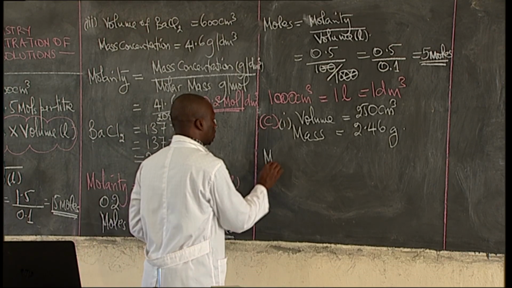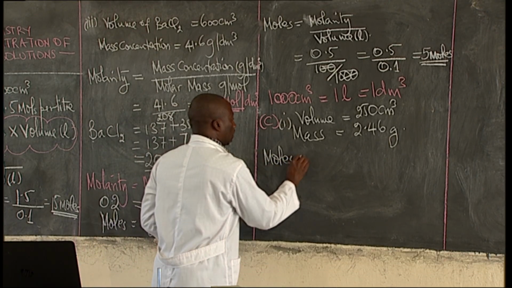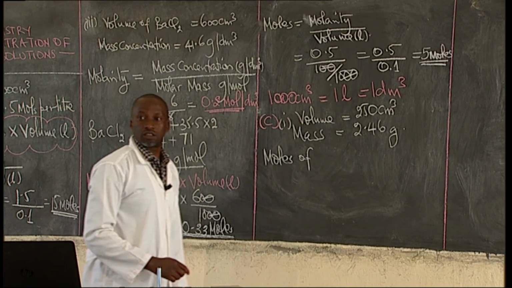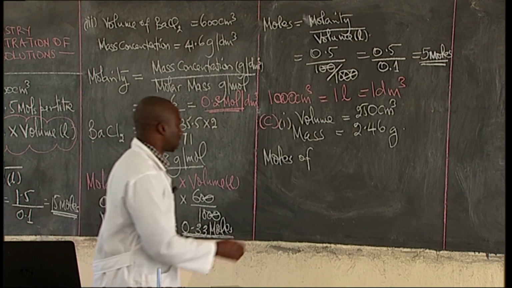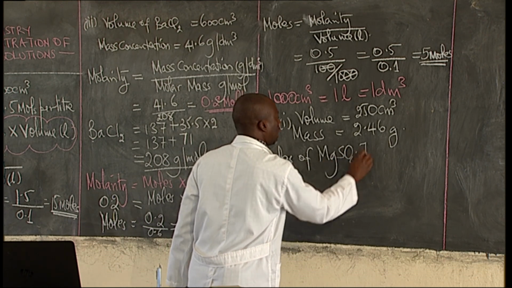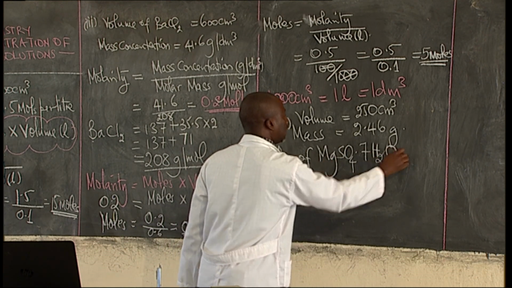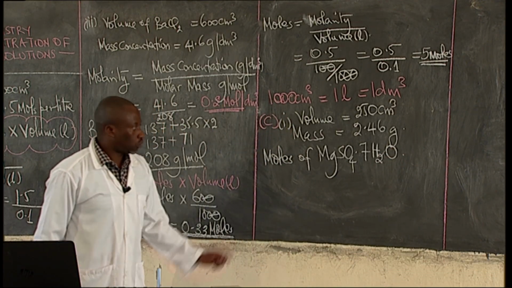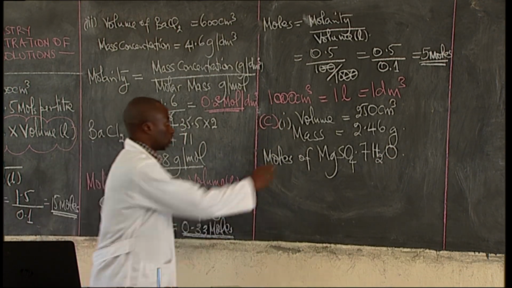So the moles of this compound, magnesium heptahydrate sulfate, it is written like that. We need to get the number of moles of this.